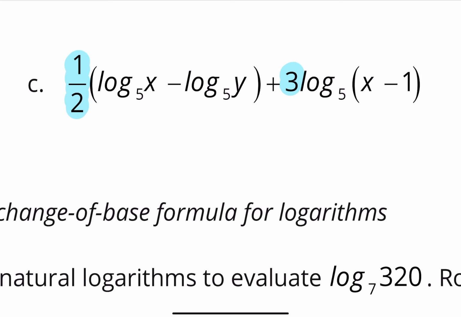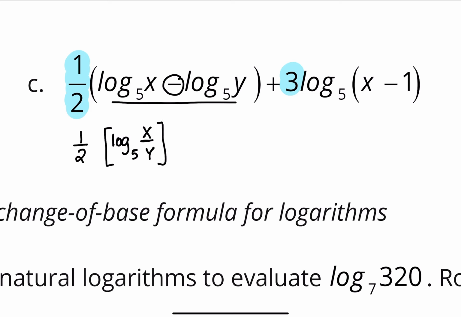Just because I have a parentheses here, as you can see, log x minus log y, let me go ahead and combine these first. So half stays half. Subtraction now becomes division. The numerator is the first one, the denominator is the second one, and I have a base 5. Do you see that?